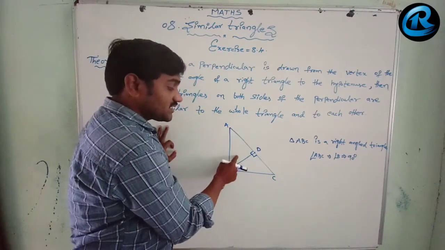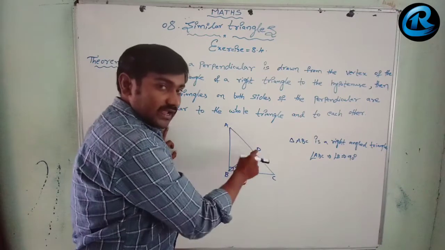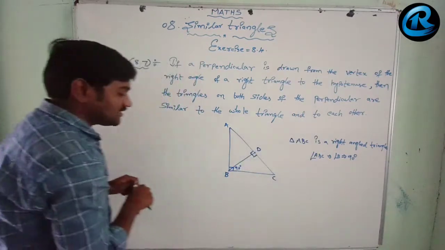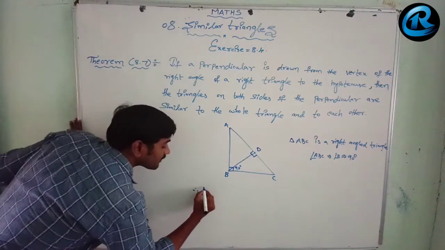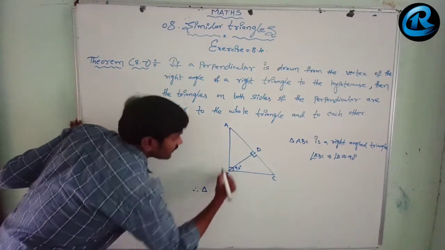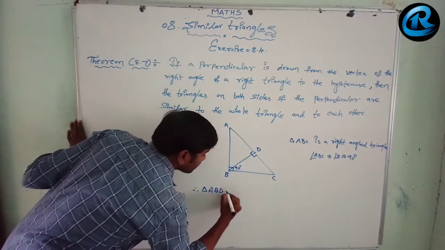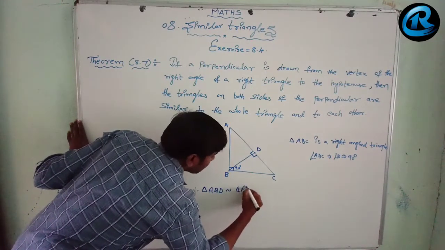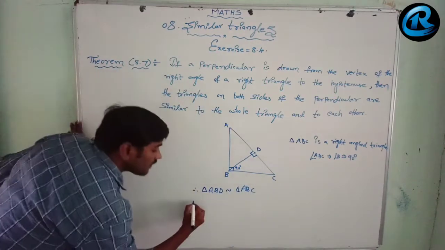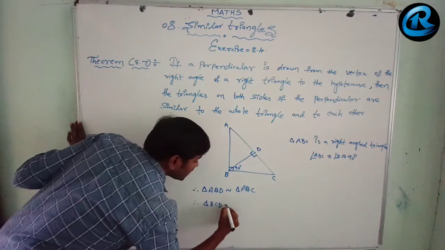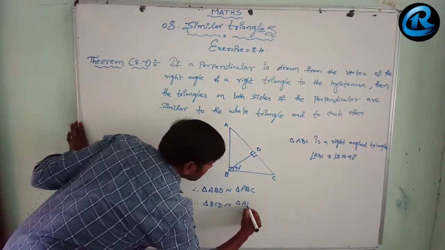These two triangles will be similar to the whole triangle and they are similar to each other also. That means we can write triangle ABD is similar to triangle ABC, and triangle BCD is also similar to triangle ABC.